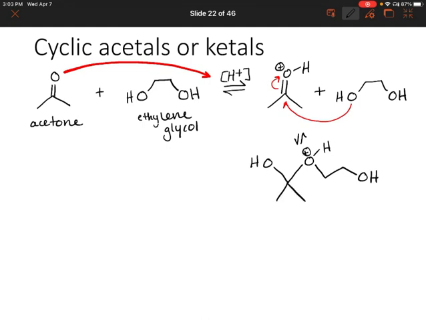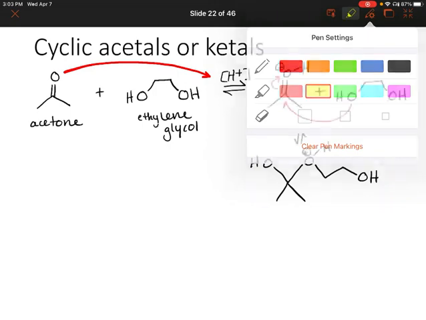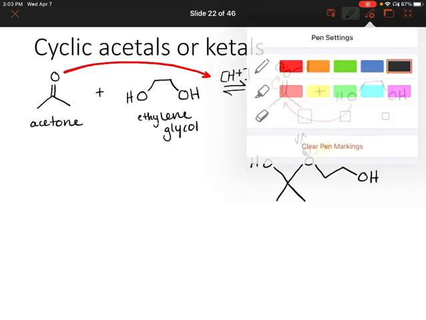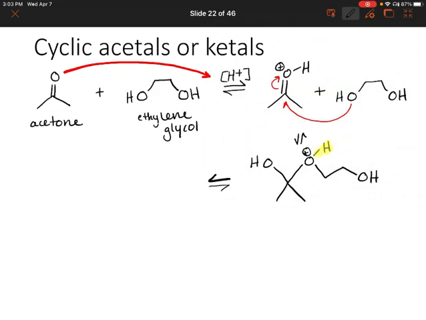Now, in the next step, remember we're going to transfer a hydrogen over to the other oxygen. So again, we can just write that as plus minus H plus to show that the hydrogen has moved.